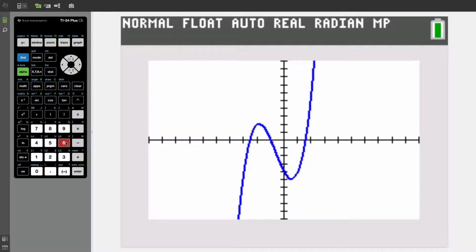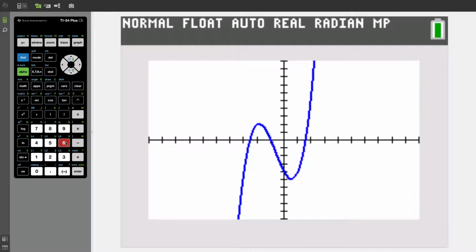Did you do zoom 6? Oh, your plot. That plot is highlighted.